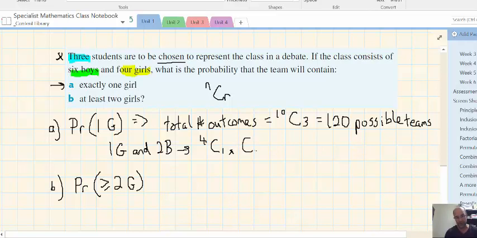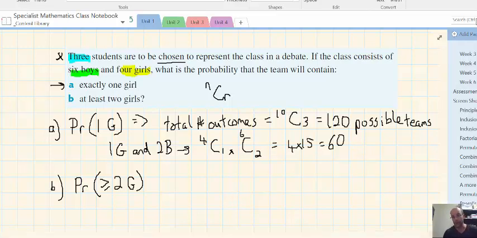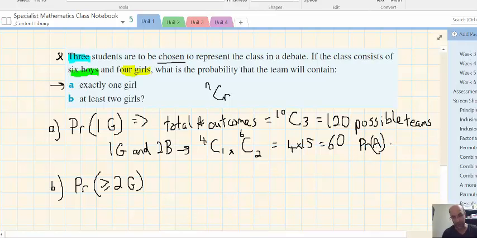We've got nCr for the boys, and that's 2 from 6. That's how many ways that can happen. So we calculate that, 4 by 15, and that equals 60. So the probability of this event, if we're defining it as A, doesn't matter what symbol you use really, I'm just being consistent, is 60 over 120, which is 1/2.